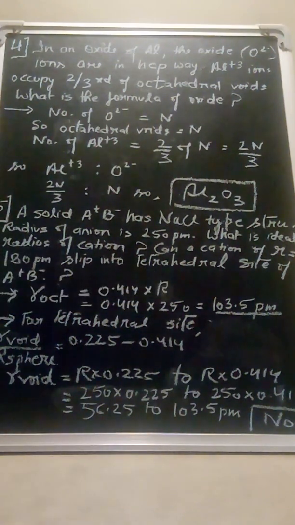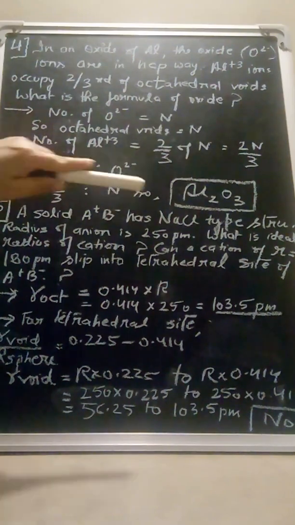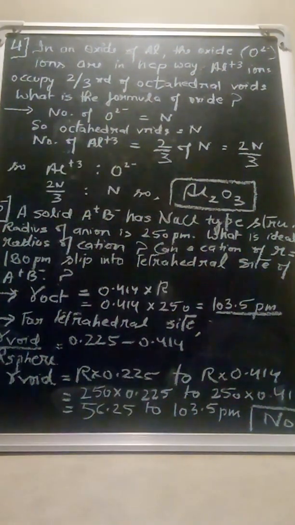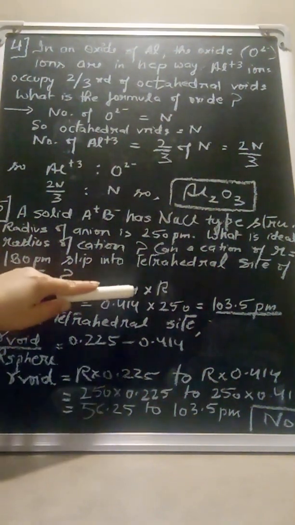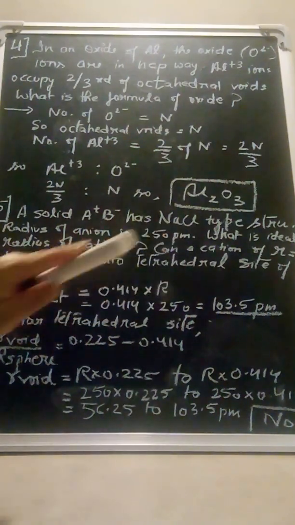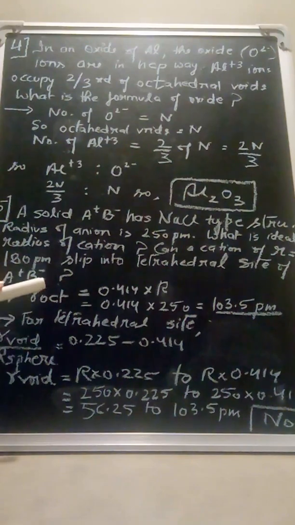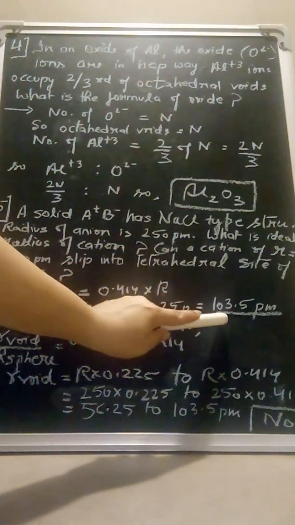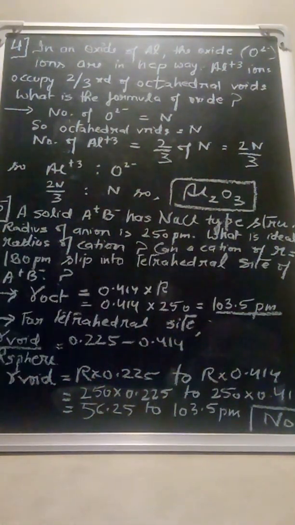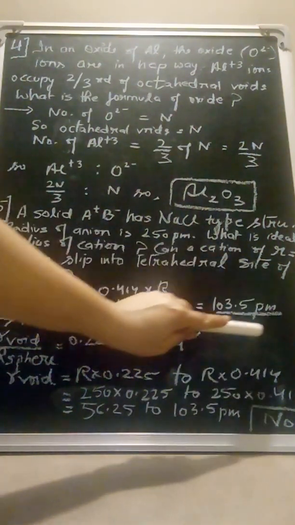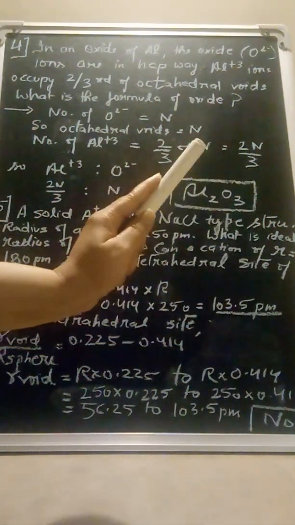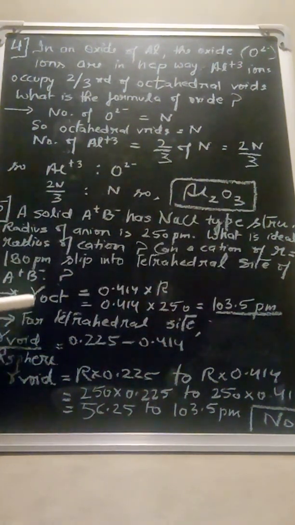The radius of anion is 250 picometer, so the ideal radius of cation is 103.5 picometer, right? This is the ideal radius of cation which would exactly fit into the octahedral void.